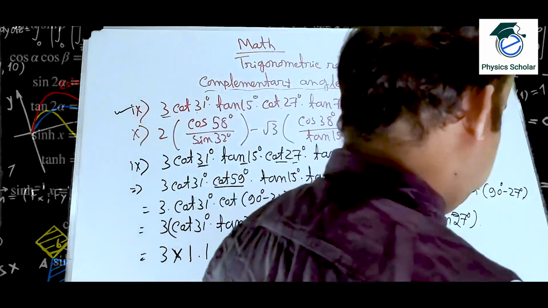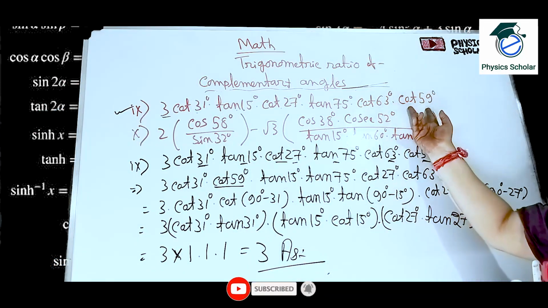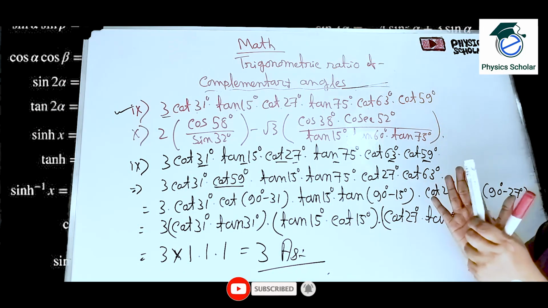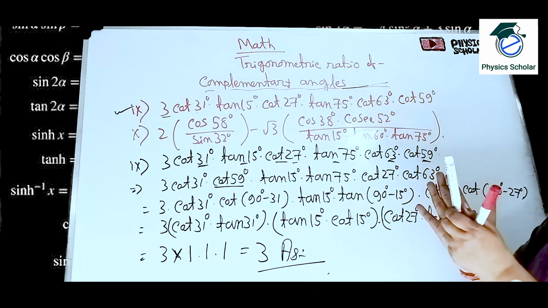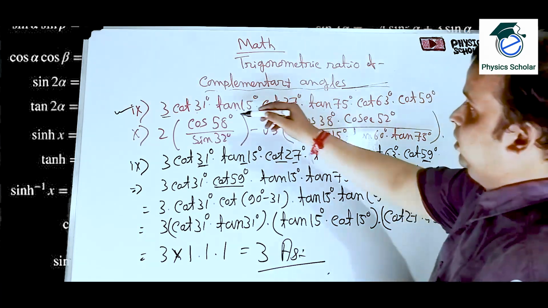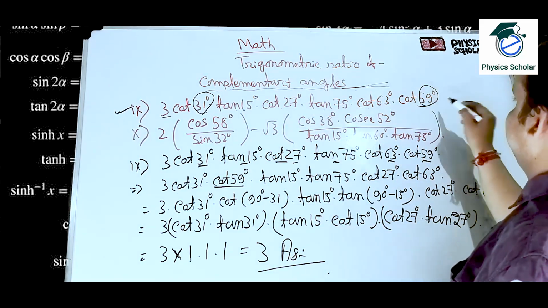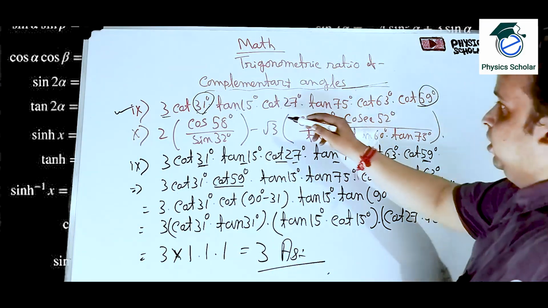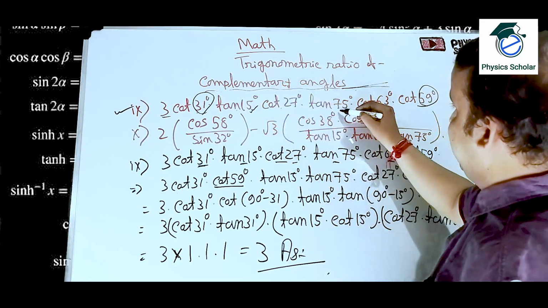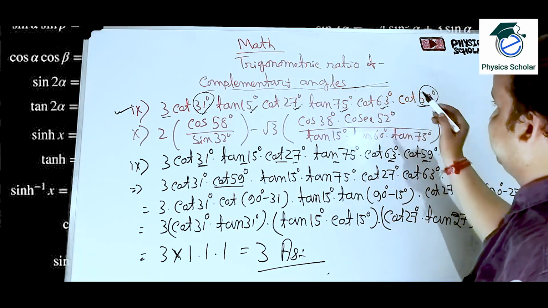Clear? So, if this type of sum comes in the examination, then first you have to arrange the complementary angles together. That means the sum of the two angles will be 90 degree. So, what is the thing here? 31 degree and 59 degree. These are complementary. Then 15 degree and 75 degree complementary, and 27 and 63 complementary.